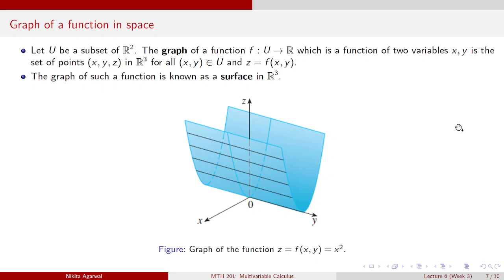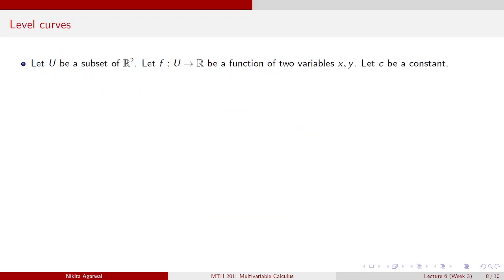Okay. So now let us move on to level curves, which are very important to understand graphs of functions in two variables or three variables. So we will look at two concepts. First is level curves, other is level surfaces. So let us first understand level curves. Let U be a subset of R2 and let f be a function from U to R of two variables, and let us take C as a constant.